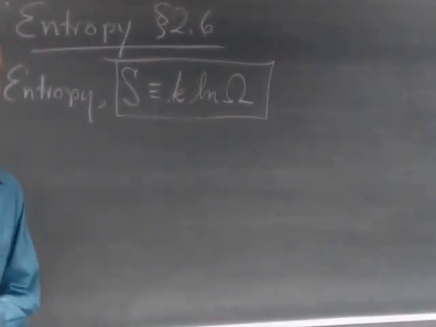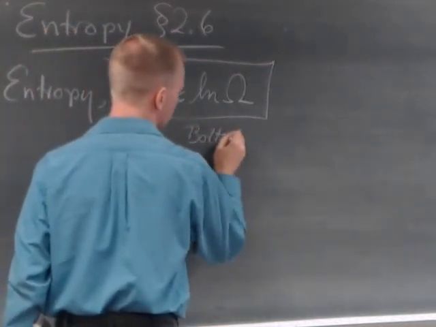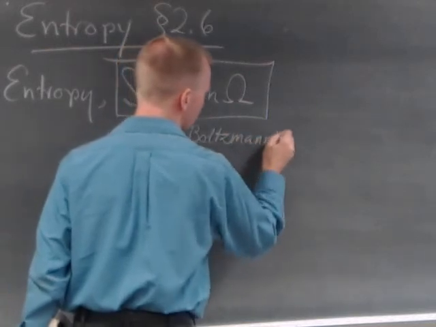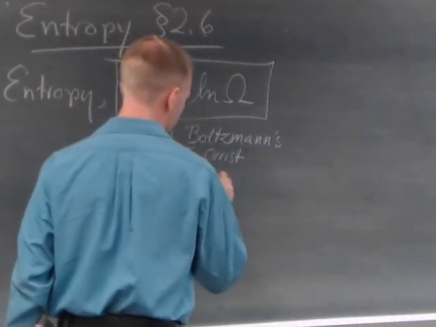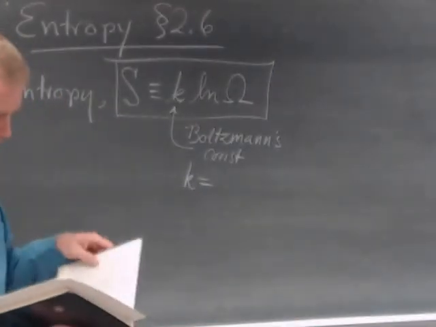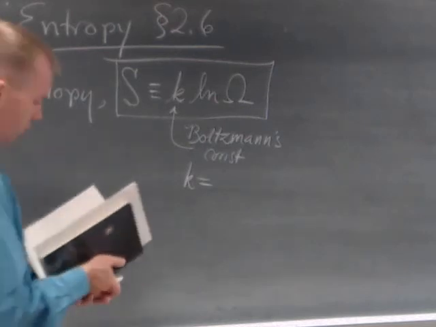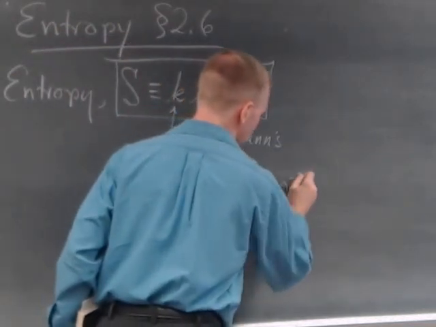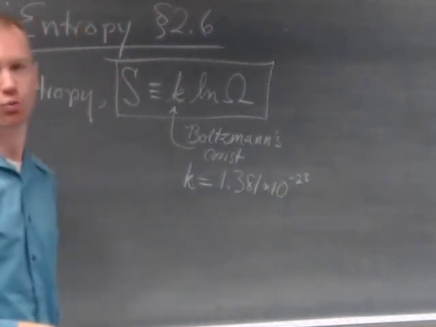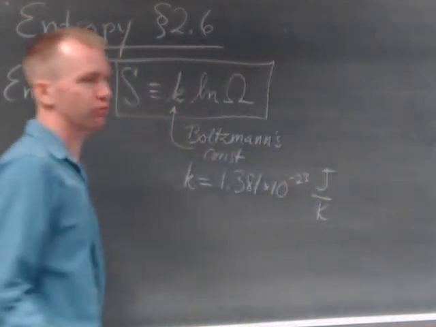S equals k log omega, where k is Boltzmann's constant, which is, according to the front inside cover of your book, 1.381 times 10 to the minus 23rd power joules per Kelvin.